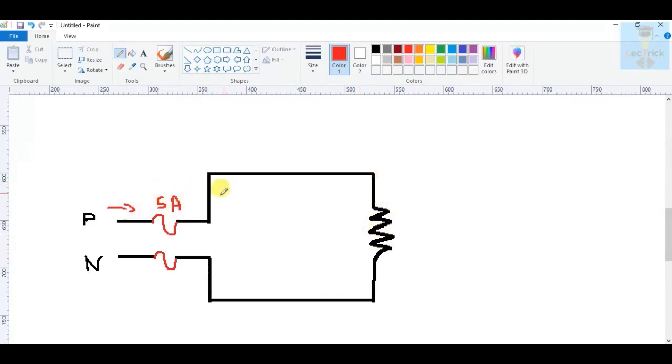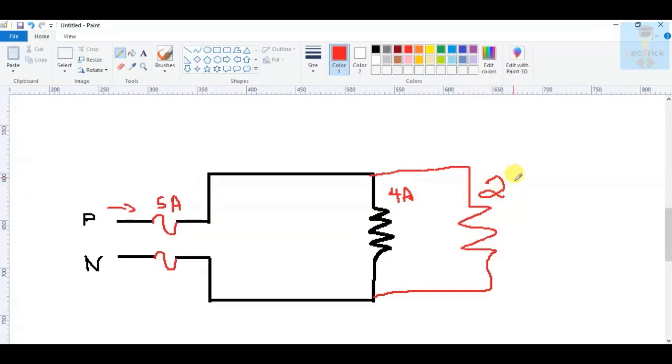Let's say this appliance's maximum rating is 4 amps. If it reaches 5 amps, it can also handle that. But if you connect one more load of 2 amps, the total of 4 plus 2 is 6 amps, so it exceeds its maximum limit.